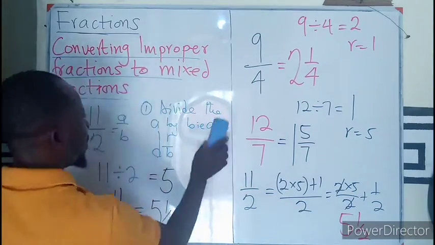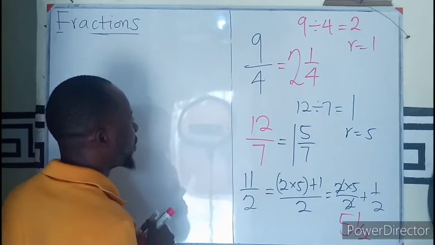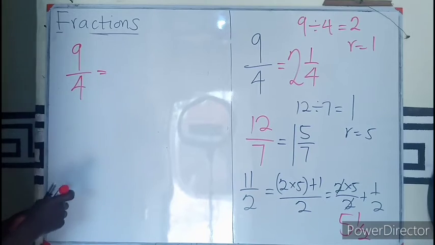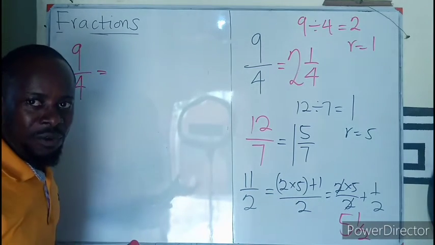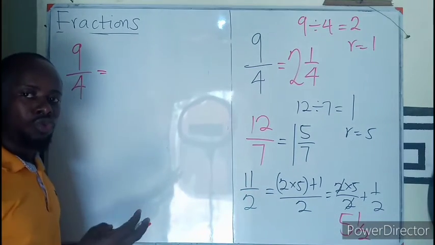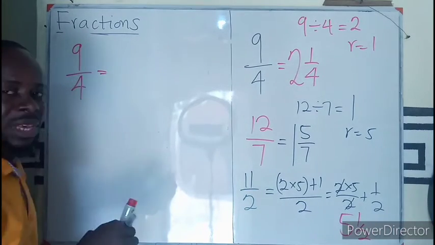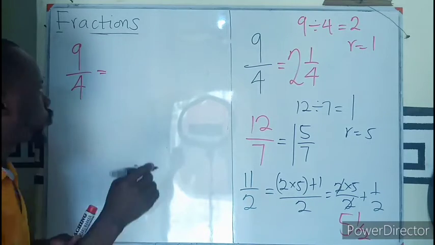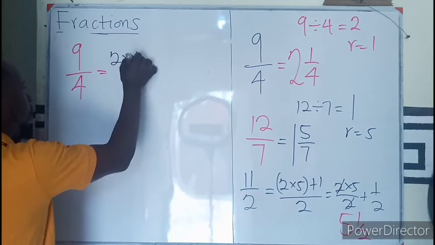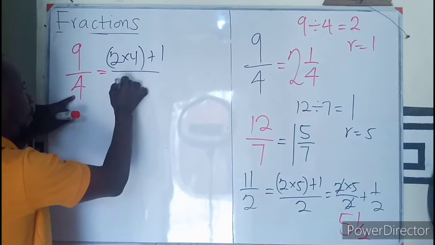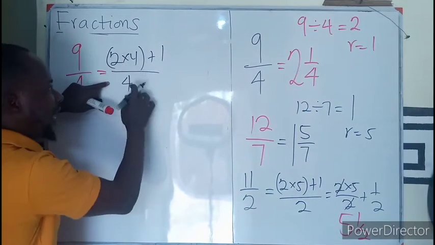The same way, if I want to go for 9, counting of the 4 times table, it will be 4 times 2 is 8. 4 times 3 is 12. 12 is bigger than this. So I will be stopping at 4 times 2. The remainder is going to be 1 over our 4. So now let's divide.